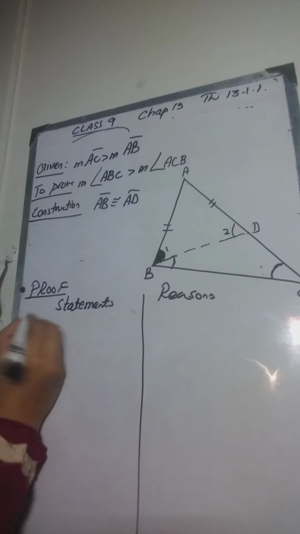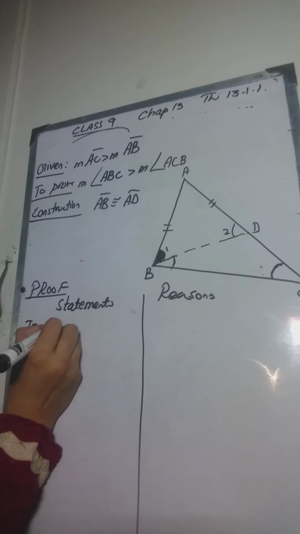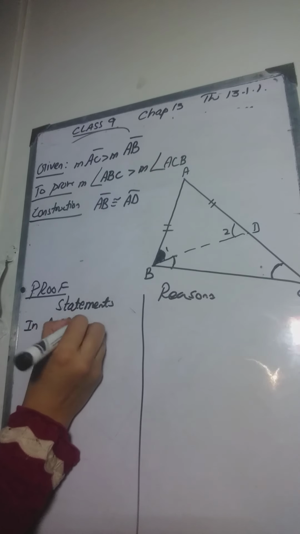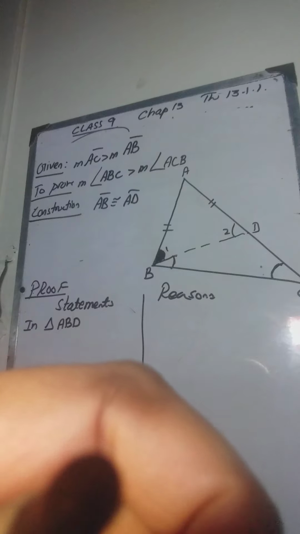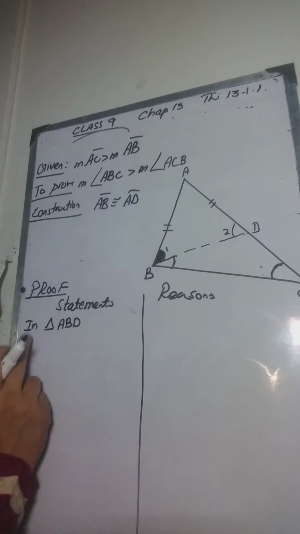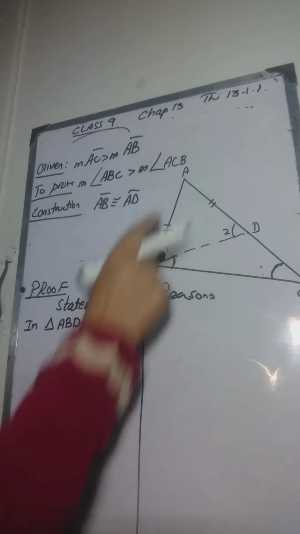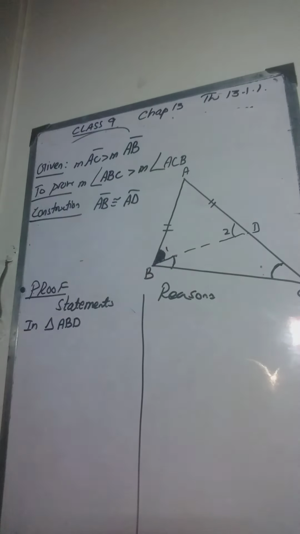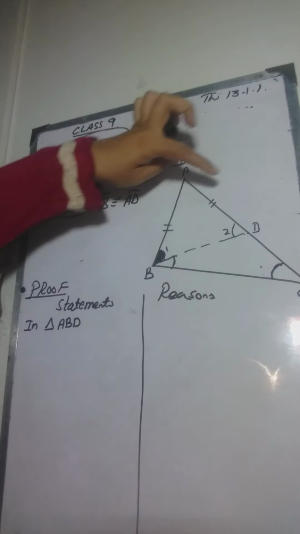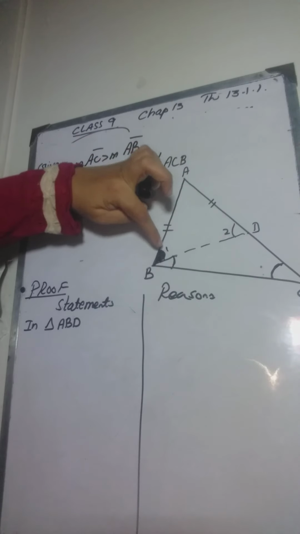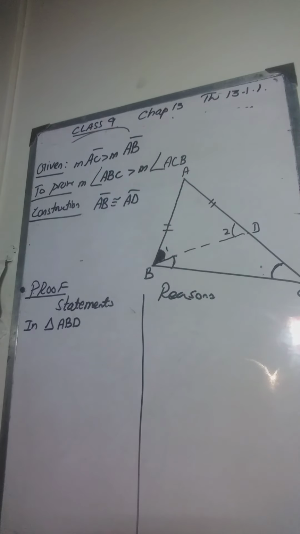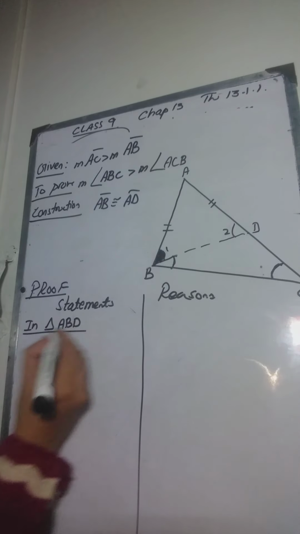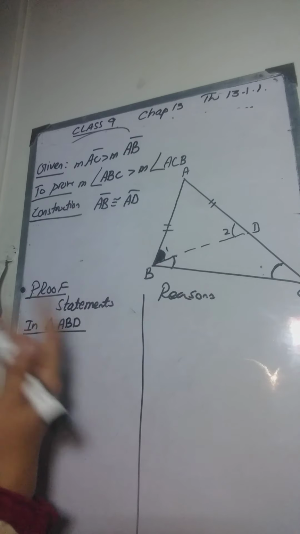So in triangle ABD, we know that side AB is congruent to side AD, so the angles opposite to these sides are also going to be congruent, as we did in theorems in class 8, that the angles opposite to congruent sides are always congruent.